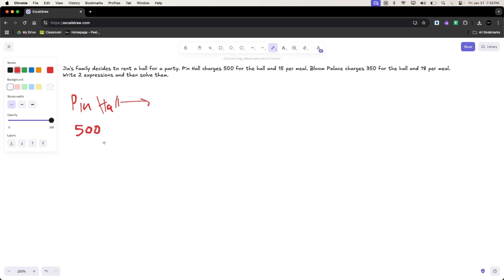Again, this is a flat rate, so it's just going to stay there. And "and" is a secret code word for plus. So "and" is plus, and $15 per meal. So let's add 15 and then let's add an M for meal. All right. So this is the expression to calculate the price of Pin Hall.